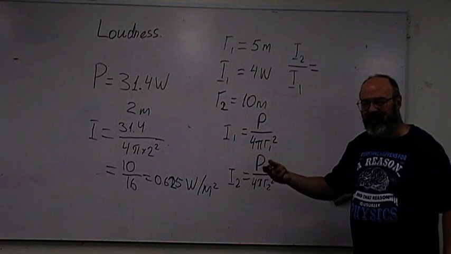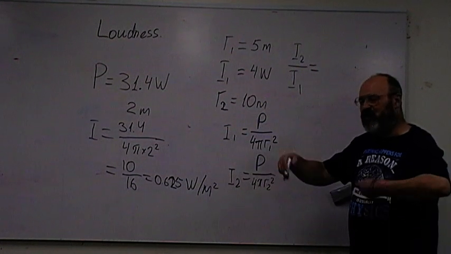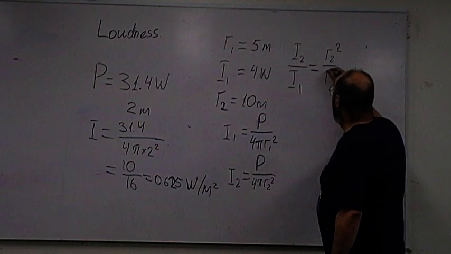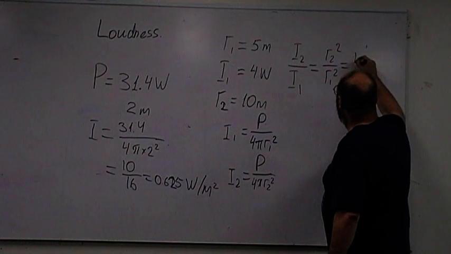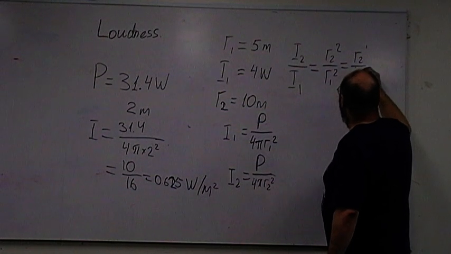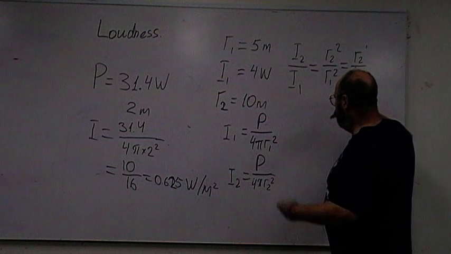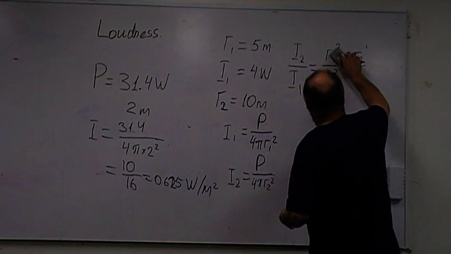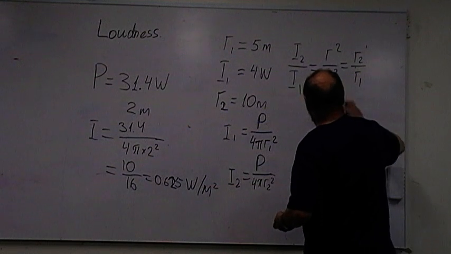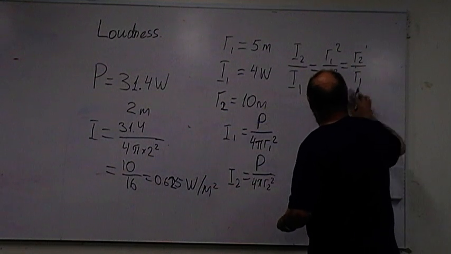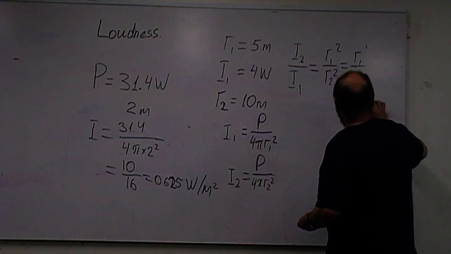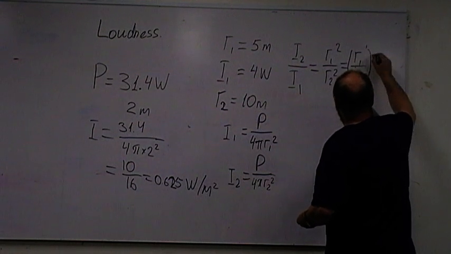Keep, change, flip. We multiply by its reciprocal, and we get R1 over R2 squared.